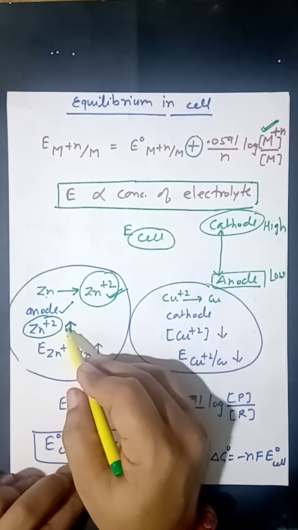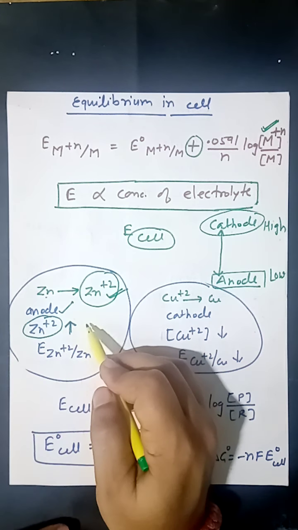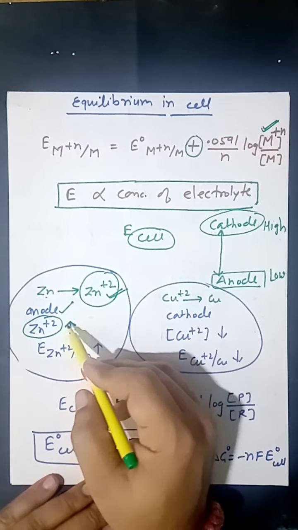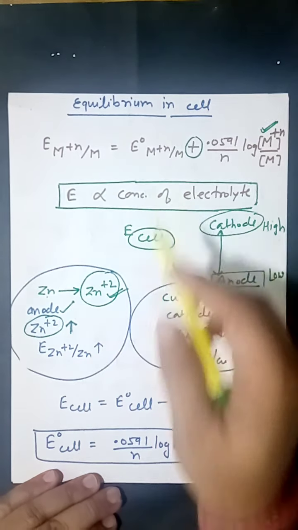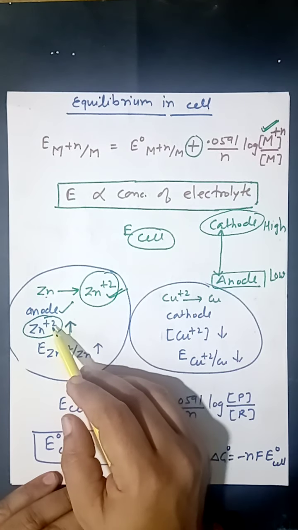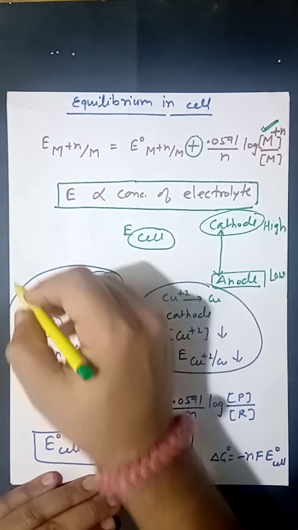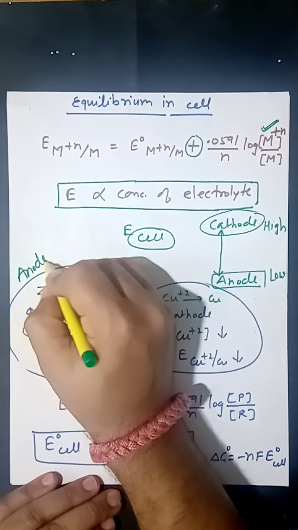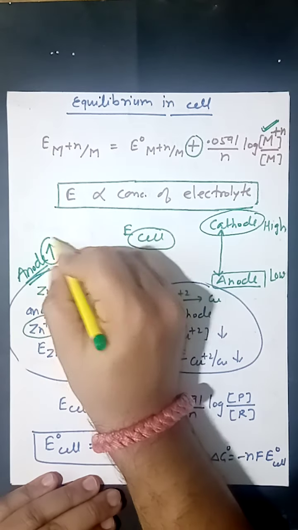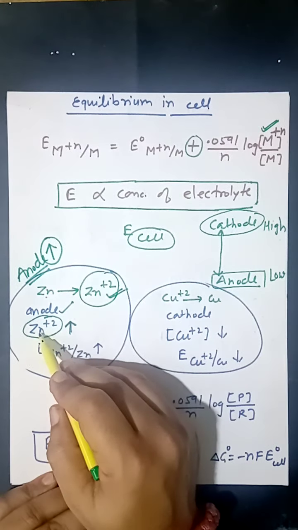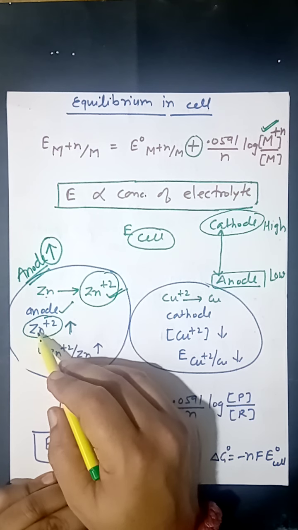As the reaction takes place, the concentration of zinc ions continuously increases, and because concentration increases, as per this formula you can say the potential of zinc also increases. Remember here zinc is anode. So along with the reaction, the potential of anode continuously increases. Because zinc ions increase, potential also increases.